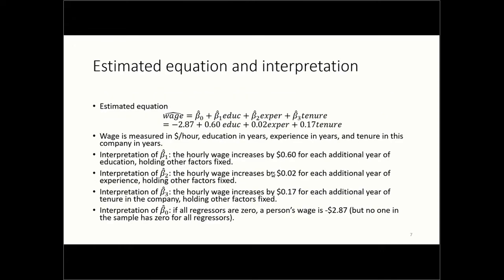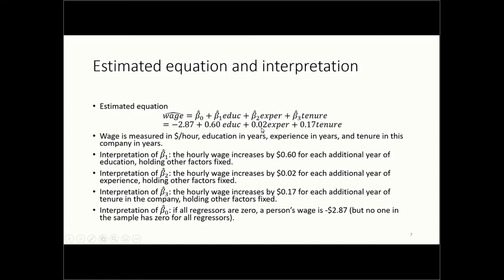So here's the estimated equation and the interpretation. A computer software such as Stata has given us the coefficients, and I have put them right here. So because of how the dependent and independent variables are measured, the interpretation of the beta 1 coefficient here would be the hourly wage increases by 60 cents for each additional year of education.